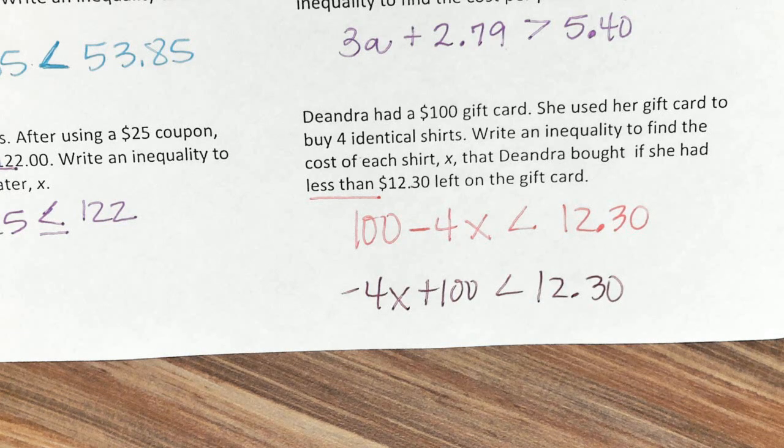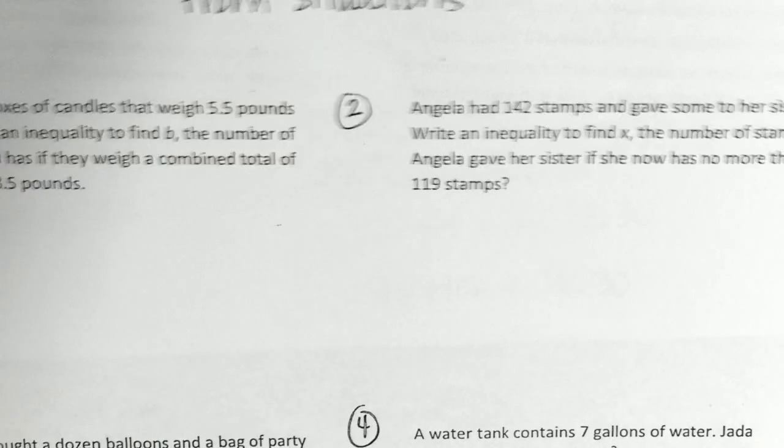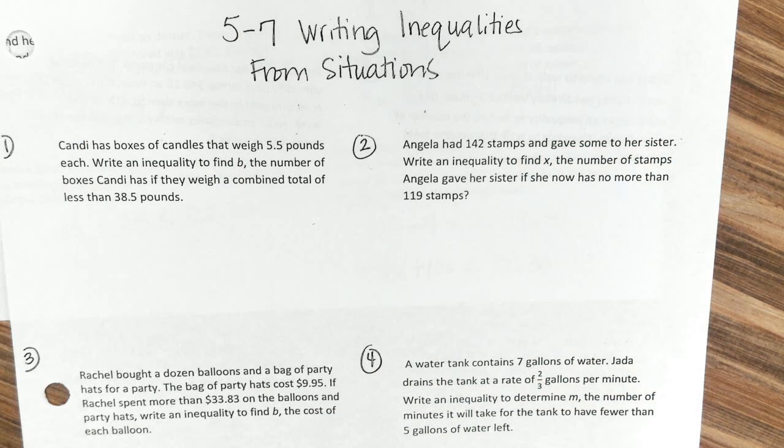Okay, I'll pass out your assignment. Put your name right when you get your assignment. Your job is to write an inequality. Most of them are going to be an mx plus b form, or you can do b plus mx form. The biggest thing we're focusing on is what should the inequality sign be?